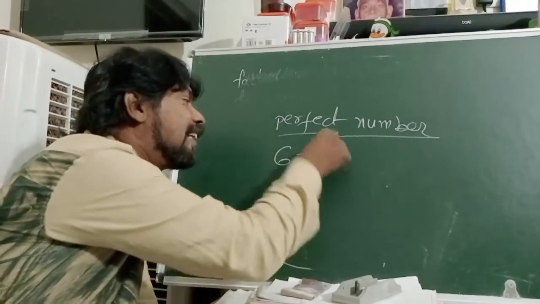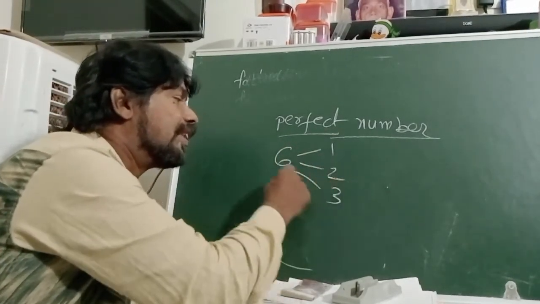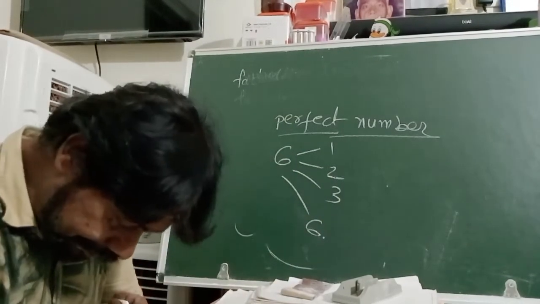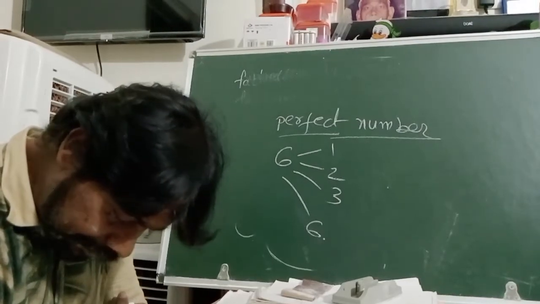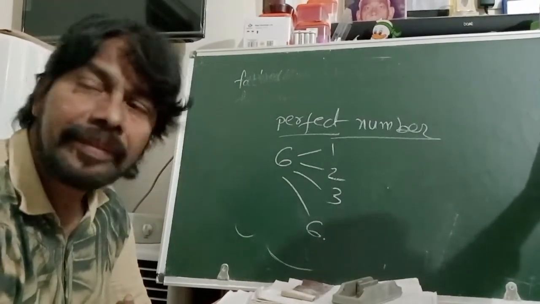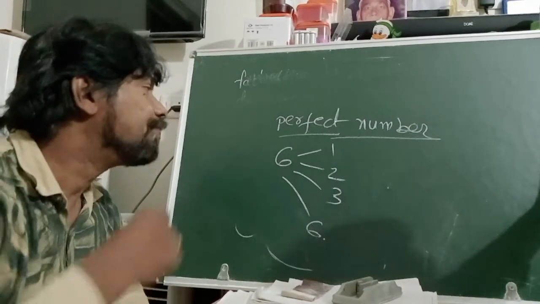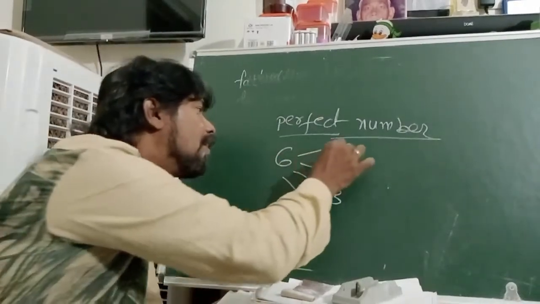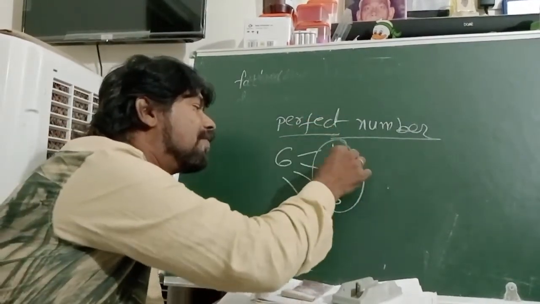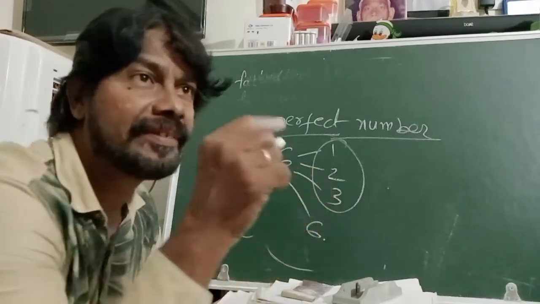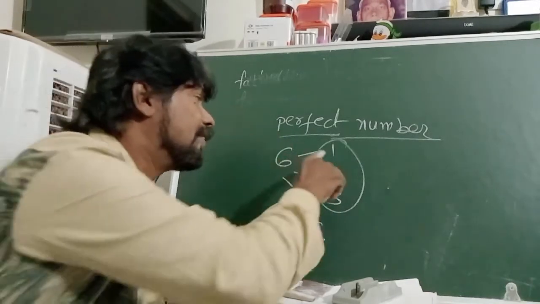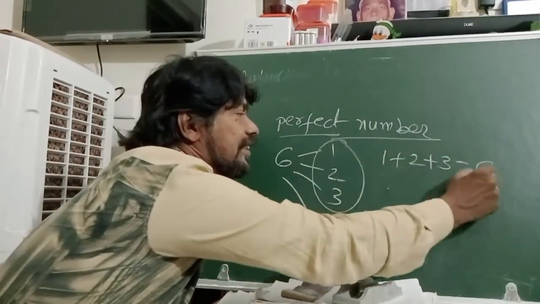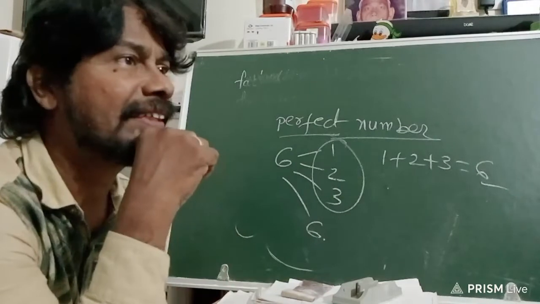The factors of 6 are 1, 2, 3, 6. Sum of the factors except that number: 1 plus 2 plus 3 is equal to 6. So 6 is a perfect number.